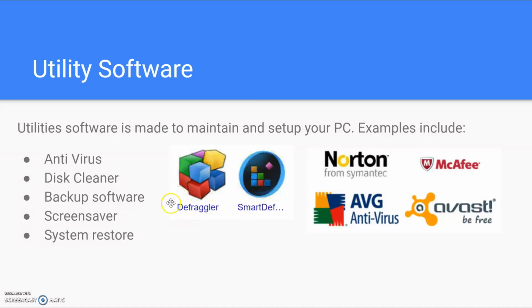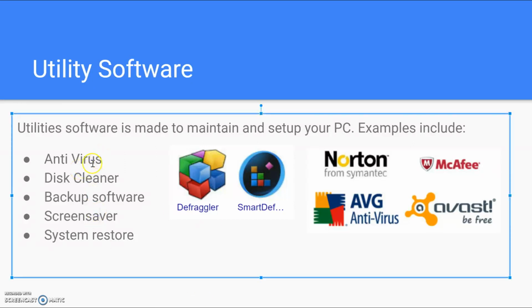Well, they're types of apps. All these here are antivirus. You might have seen them on your computer at home. Well, that is classed as utility software. So if you haven't written that down in your books, make sure you get that down. Even if you put antivirus, for example AVG or Norton, whatever you have on your PC, that'll help you remember that it's utility.